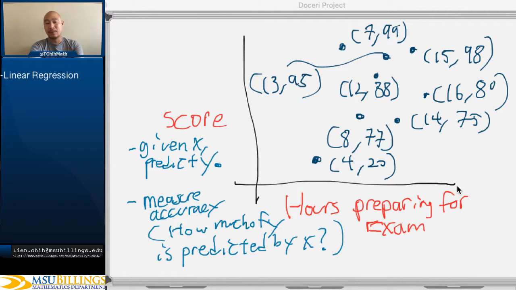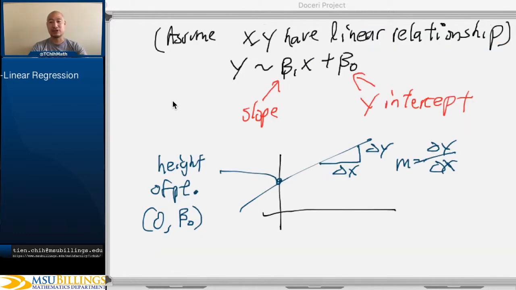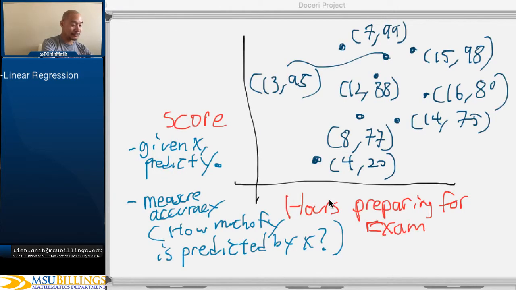So job number 1 then is for us to look at a cloud of points like this and say, all right, first of all, what sort of a line should I draw through this cloud of points? Before I can talk about how good of a prediction something is, I need to make the prediction first. So what is the best line to go through this cloud? That is, what's the best choice for beta 1 and beta naught, so that it most accurately represents this picture.